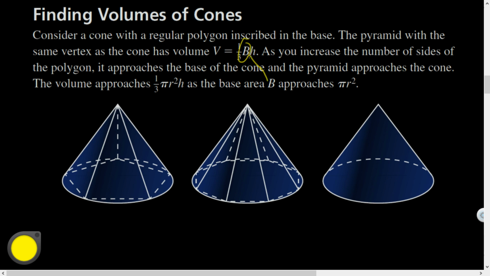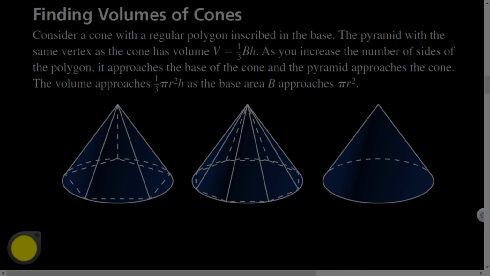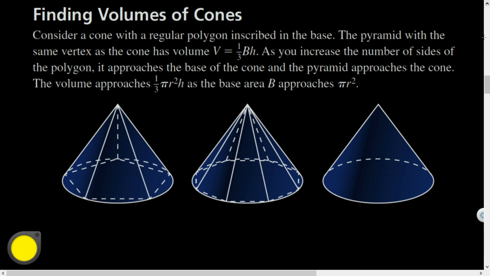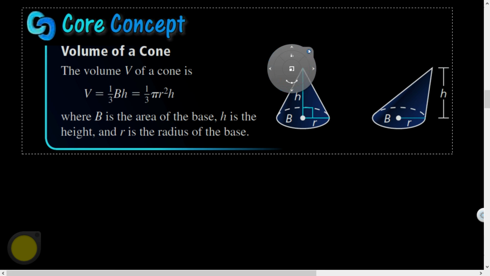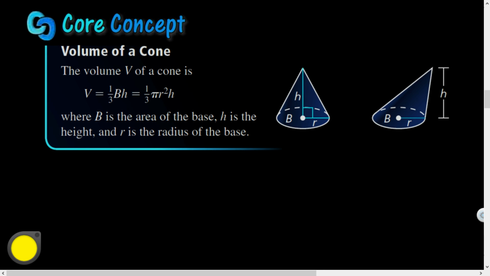So the volume of a cone is very much like the volume of a pyramid, and it just ends up being 1/3 pi r squared times height.